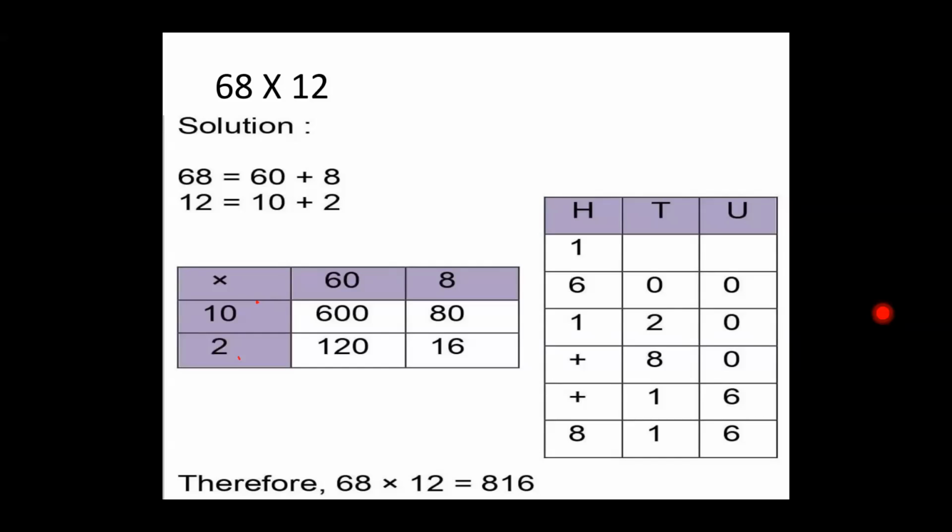Yes, it is 120. 2 multiplied by 60 is 120. 2 multiplied by 8, how much? Correct, 16. So now tell me in this sum, which all numbers we have received by multiplying.